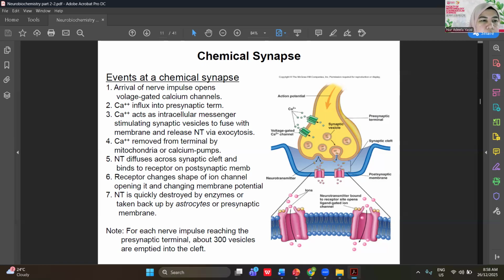So basically it consists of three events at a chemical synapse. Try to understand what happened at every single event: what happened during the arrival, what happened to the calcium influx, and also the termination of neurotransmitter event.